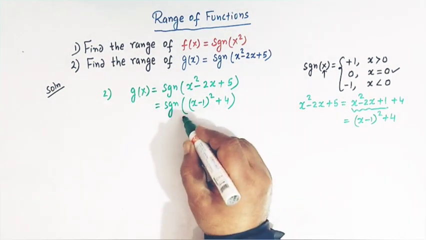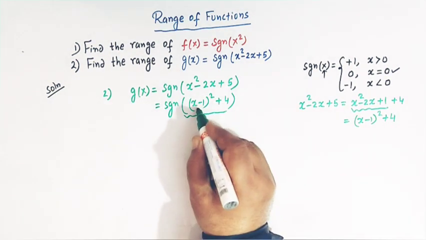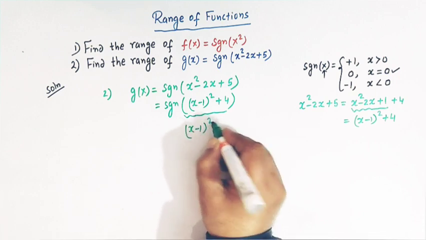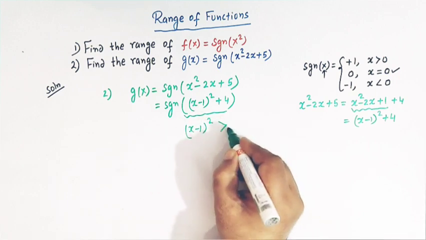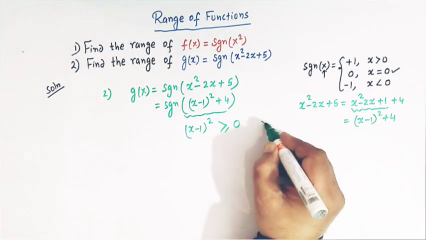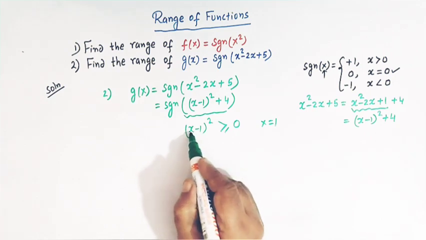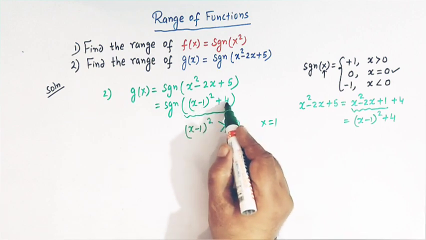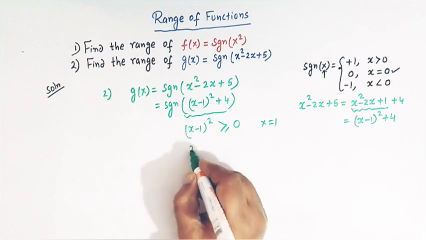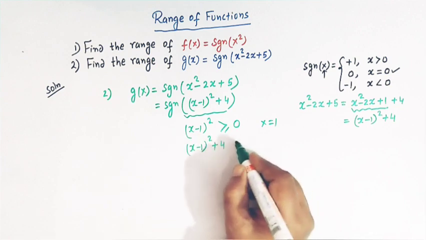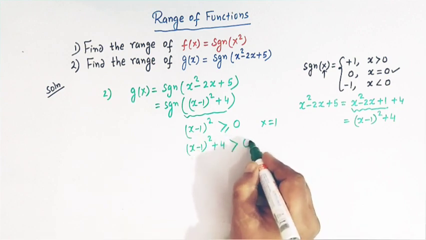Now let us concentrate on this term. (x minus 1) square is always greater than or equal to 0. For x equal to 1, this term is (1 minus 1) square, which is 0. Now when we add 4 to this term, then (x minus 1) whole square plus 4 is greater than 0.